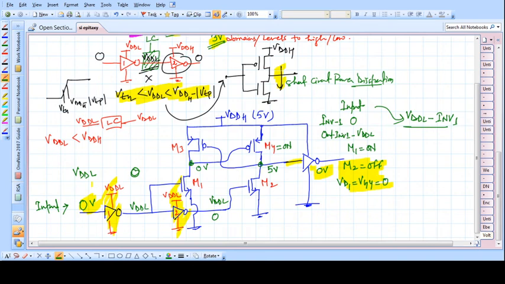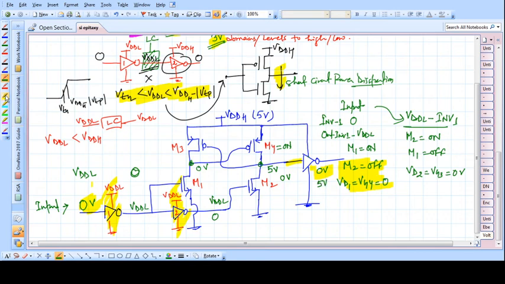So in this case, the M2 becomes on and M1 becomes off. So when M2 is on, VD2, or we can say VG3, is somehow 0 volt, and when this one is 0 volt, it becomes 0 volt in the next stage. So now it is connected to an inverter circuit, so it will give the 5 volt.